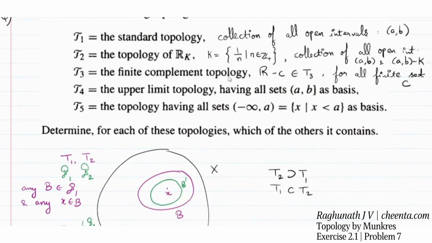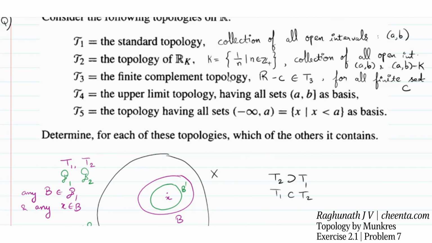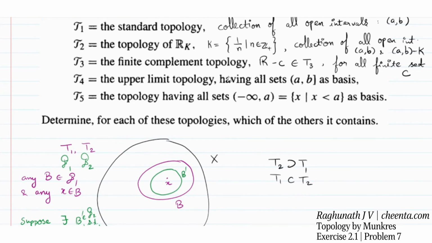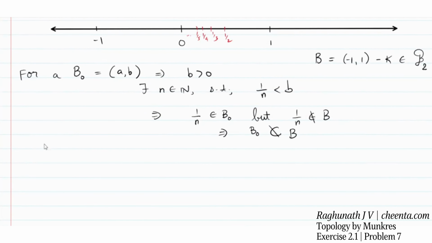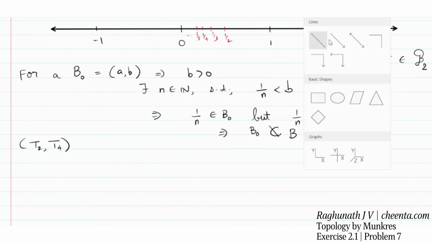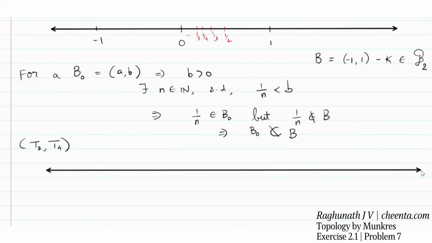Now consider the topology T4, suppose. Let's now consider the upper limit topology T4, and let us compare T2 and T4 now, which are the RK topology and the upper limit topology. So first let us again consider a real line, and consider any set of the form a comma b.